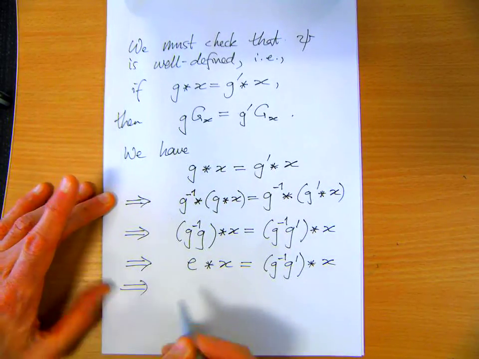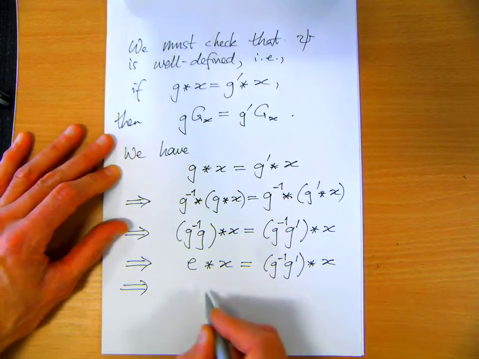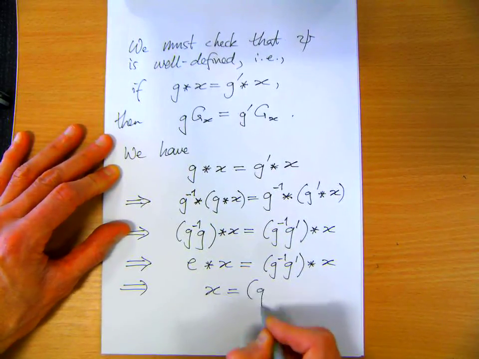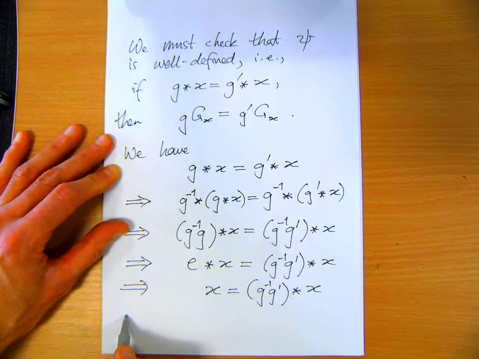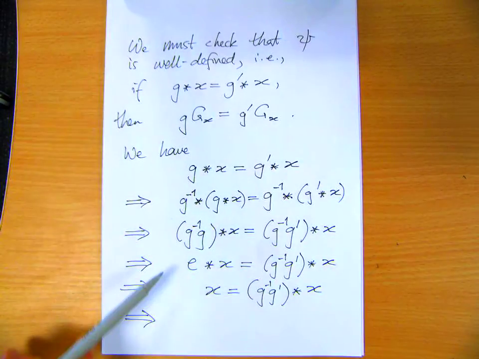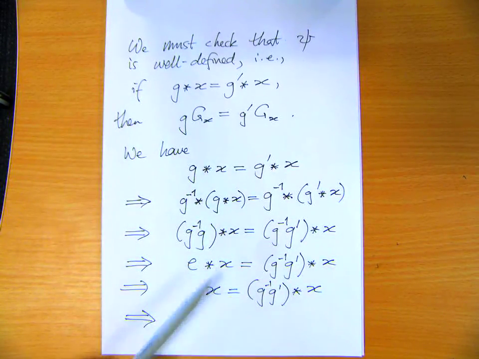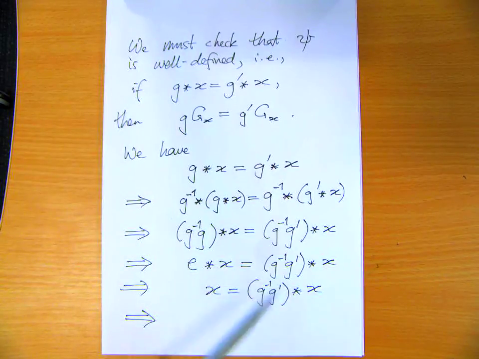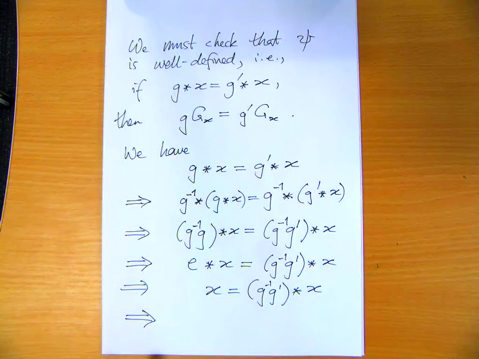And then using the first property of star being an action, the identity element star x is just x. So that's using the first property, that E star x is equal to x. And the right hand side is just waiting patiently for something to happen. That's not changed.